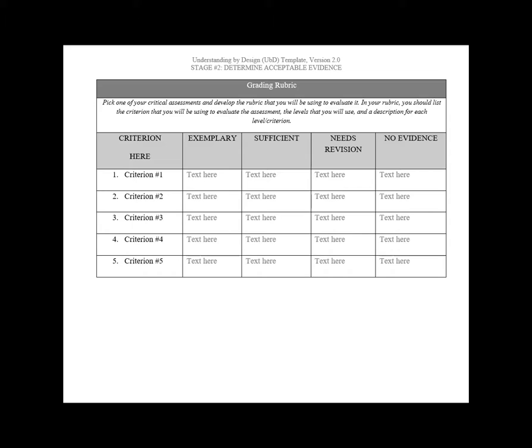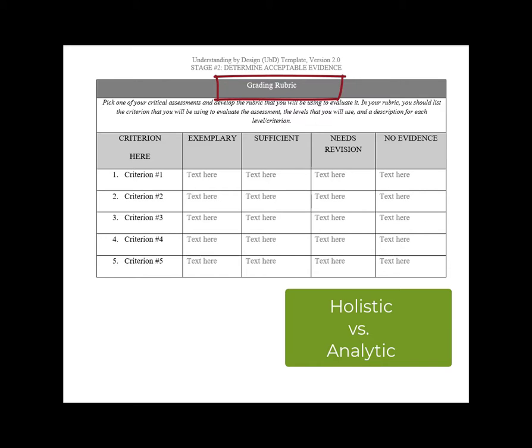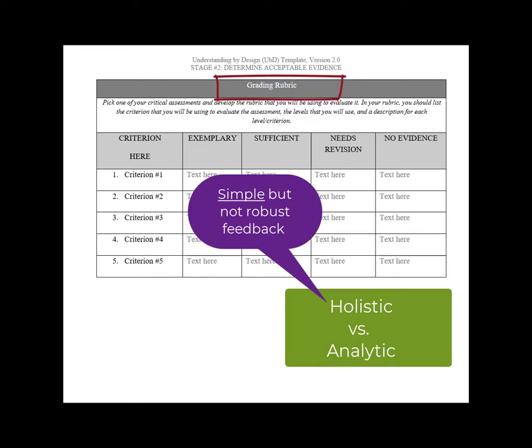In the last part of the UbD Stage 2 template, we focus on creating a grading rubric. Grading rubrics typically follow a variety of types, from holistic to analytic rubrics. Holistic rubrics are the most common rubric format, but cannot provide specific feedback on the learner's strengths and weaknesses because the student gets a summative score.